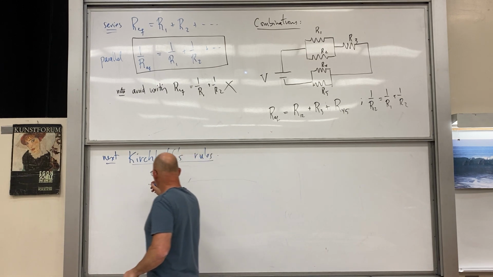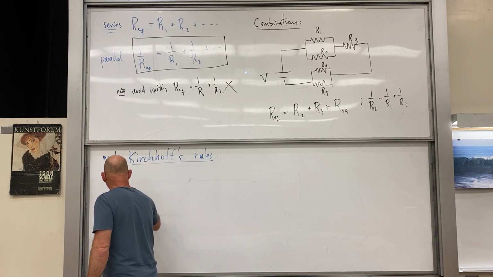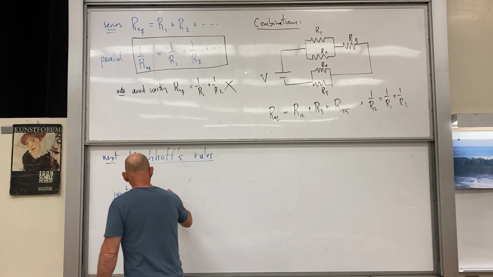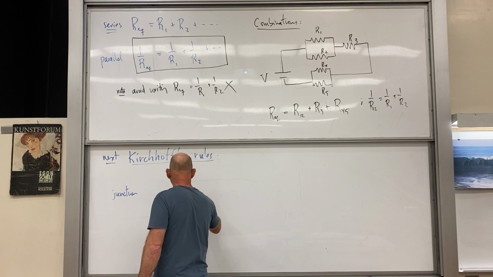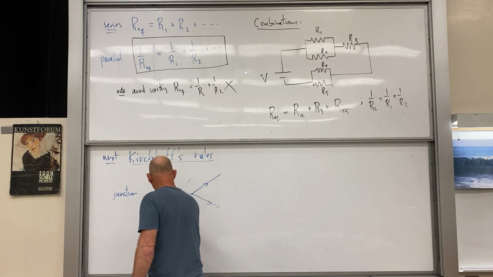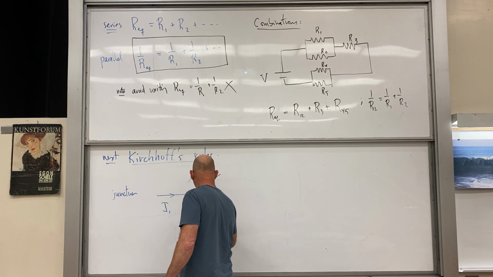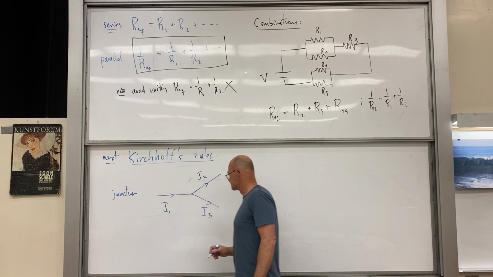So Kirchhoff's rules are as follows. We have the junctions. So say we have a junction here, and we'll say there's I sub 1, I sub 2, I sub 3.